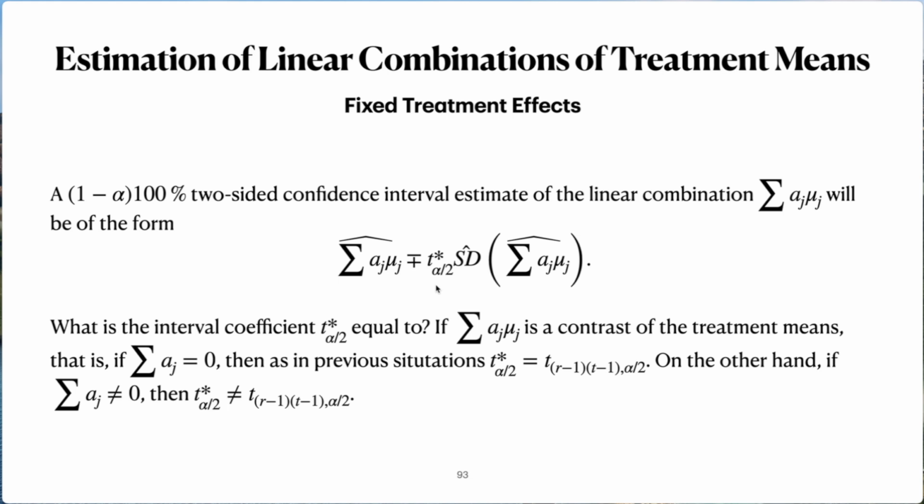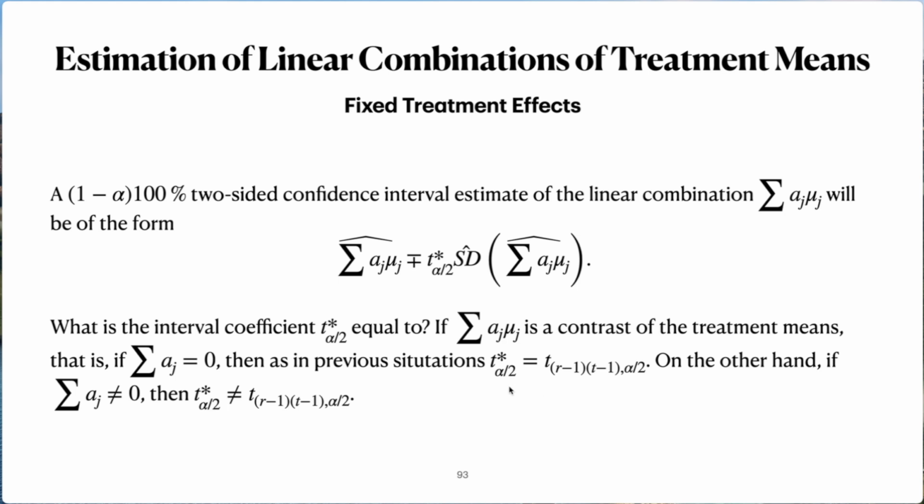Well, as we saw in the previous lecture, in the previous section, if the linear combination is actually a contrast where the sum of the a sub j's is equal to 0, then in that case, t star sub alpha over 2, the upper alpha over 2 percentage point of this t star distribution, is equal to the upper alpha over 2 percentage point of the t distribution itself with r minus 1 times t minus 1 degrees of freedom.